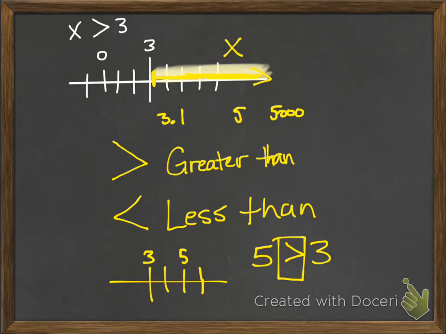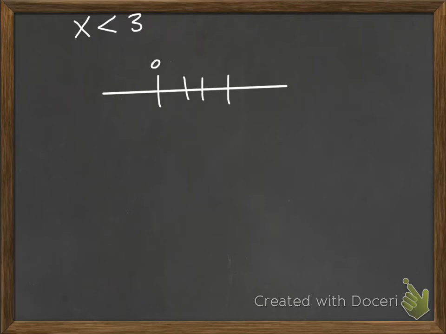Okay. So less than just means less than. It's on the same idea as x is greater than 3. If x is less than 3, then that would be this stuff on the left side. Let me put my little number line back out. So if I say x is less than 3, here's my 0, 1, 2, 3. You could have your negative numbers too, we'll get into that.